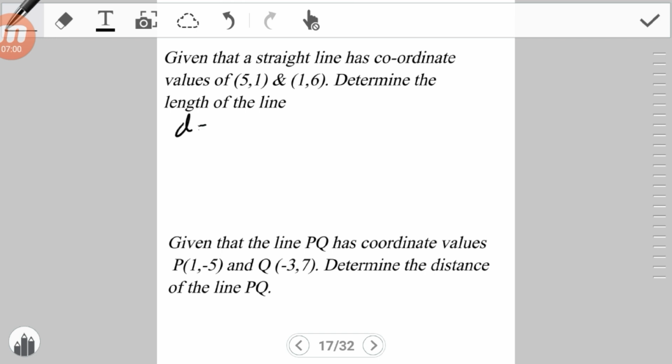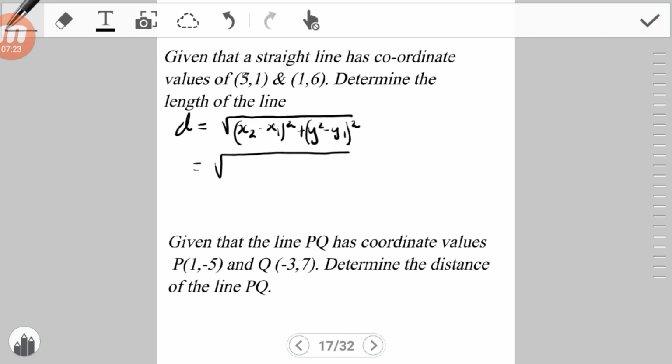So that's d is equal to the square root of x2 minus x1 squared plus y2 minus y1 squared. Okay, so that is then equal to the square root, and then we're going to begin to name our coordinate values.